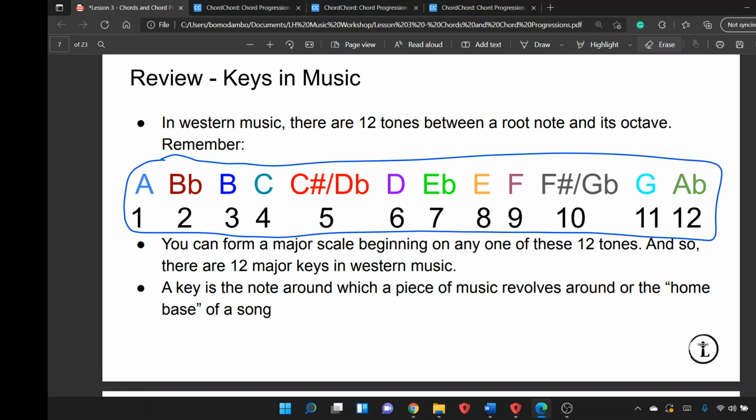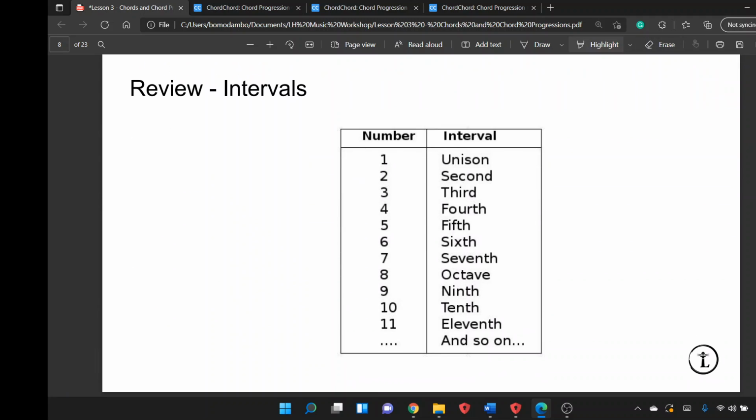All right, so let's talk about intervals now. We said that intervals are kind of a measure between the distance between two notes in an octave. So if we start, this is the C major scale.